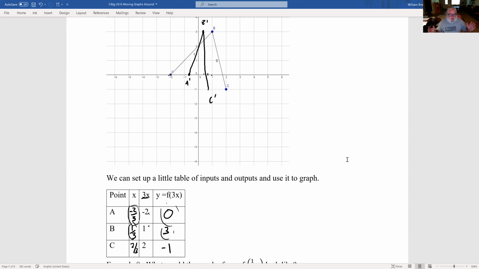It squished it towards the y-axis, because you have to take your x's and multiply by 3 and then insert it into the function. If we know that for -2 the function gives you 0, well, what is 3x? Has to be -2. So you have to divide by 3, which is shrinking towards the y-axis to get the new points.